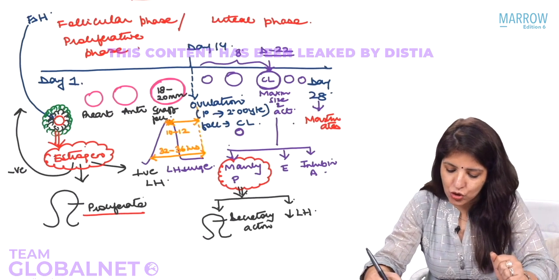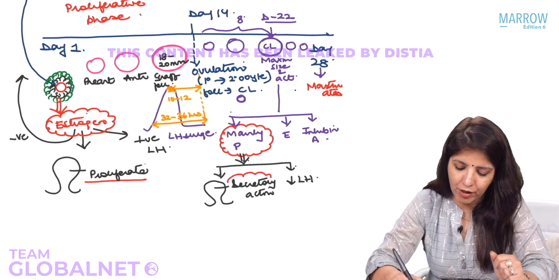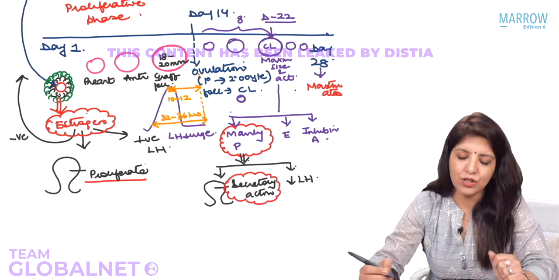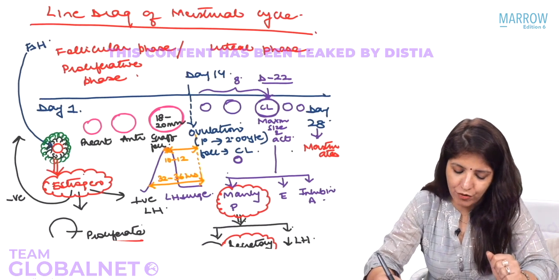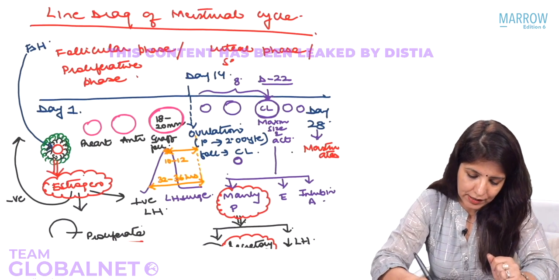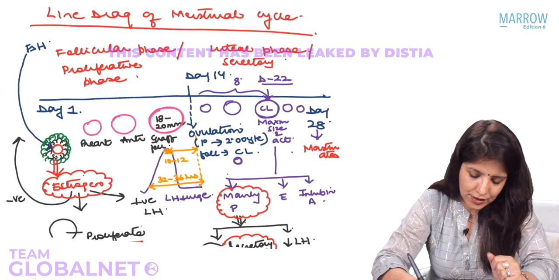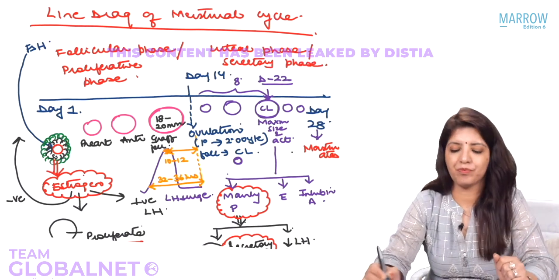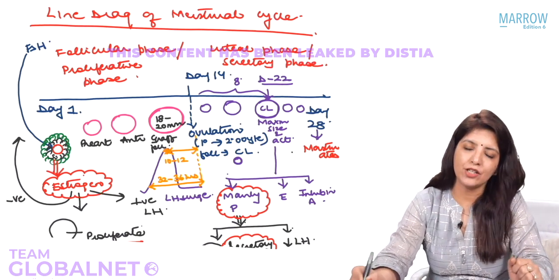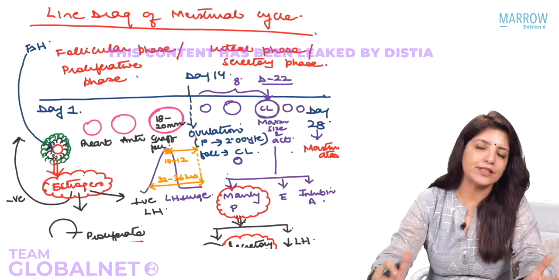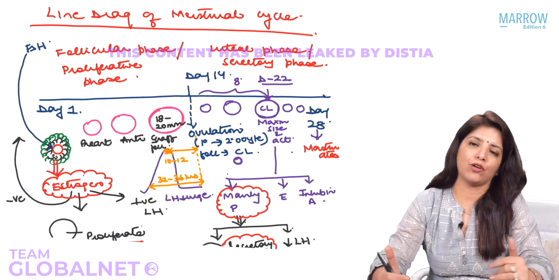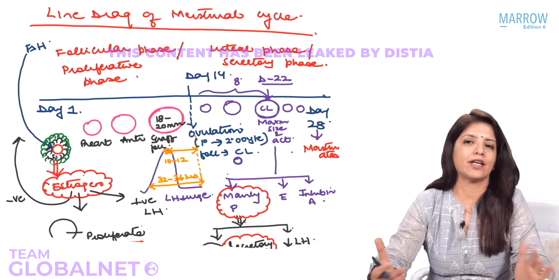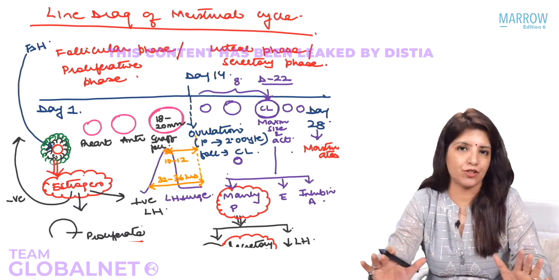What does progesterone do to the uterine endometrium? It brings about secretory action. That is why the second half is also called the secretory phase. First half is the follicular phase, second half is the luteal phase. First half can also be called the proliferative phase and the second half the secretory phase.